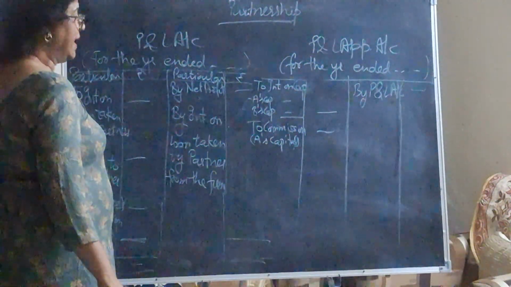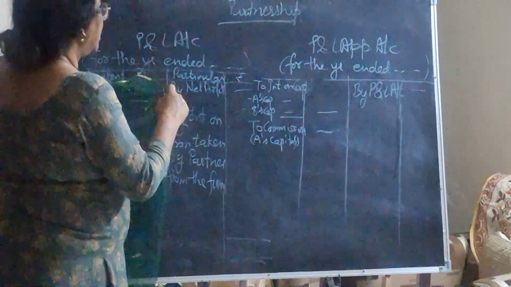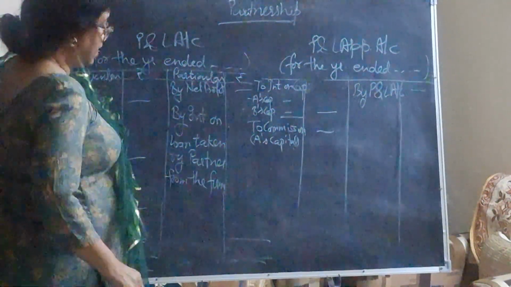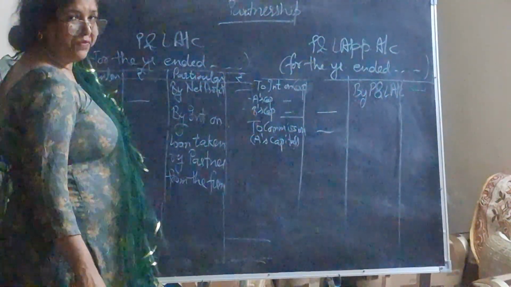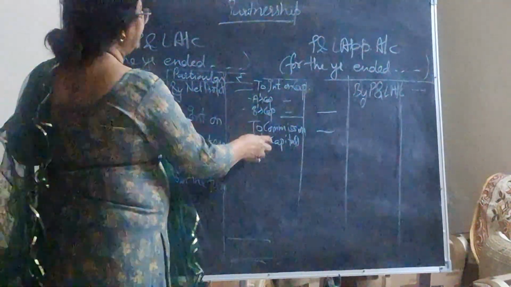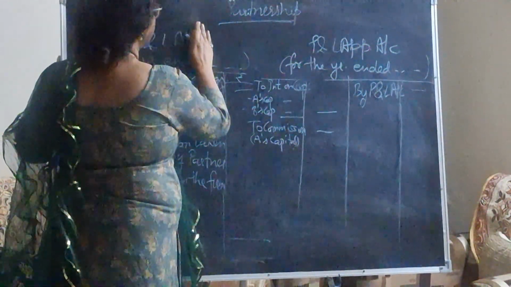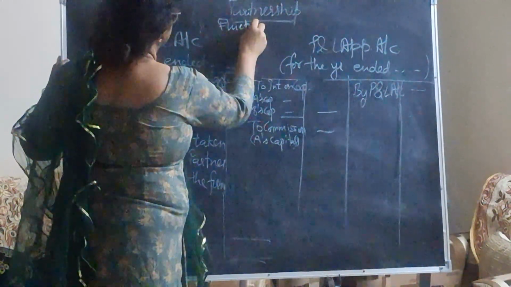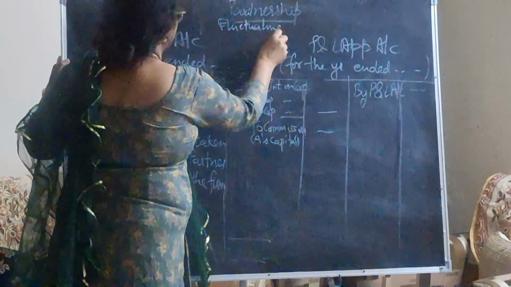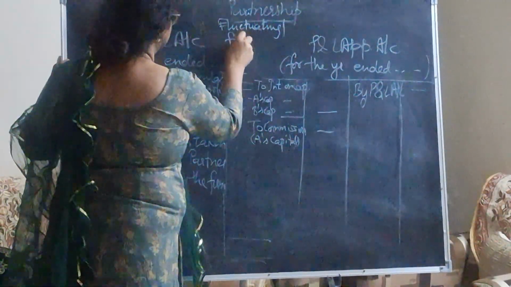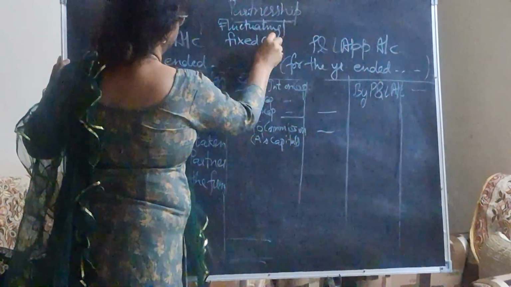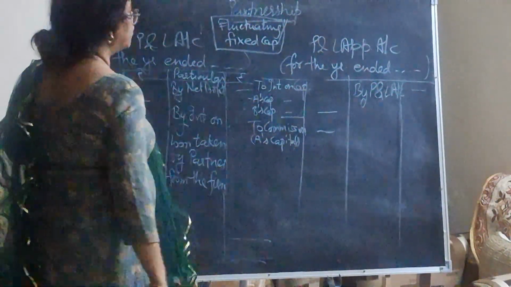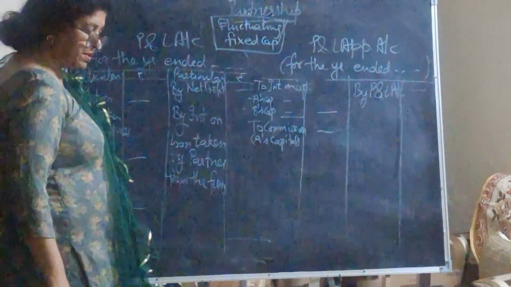We are writing capital because the capital accounts are fluctuating. Later on we'll discuss the difference between fluctuating capital and fixed capital. There are two methods of keeping capital accounts: one is the fluctuating capital account and the other is the fixed capital account.